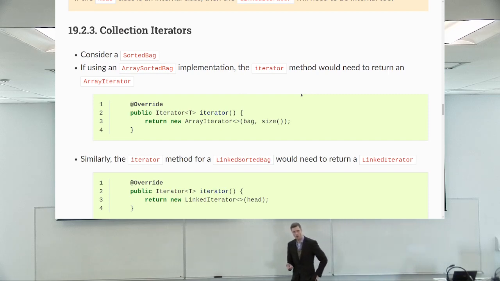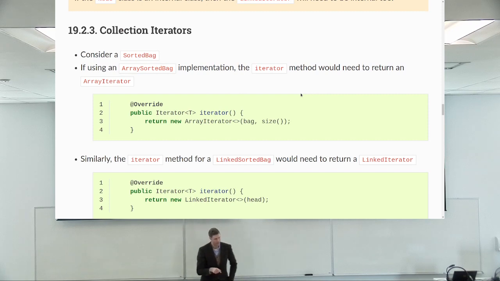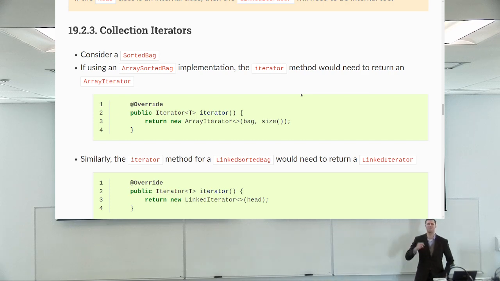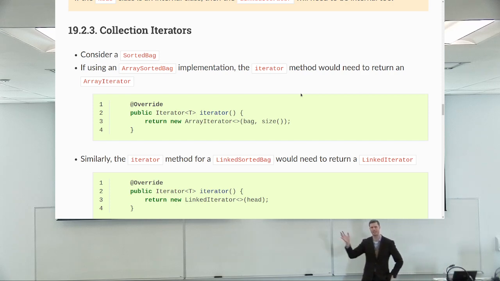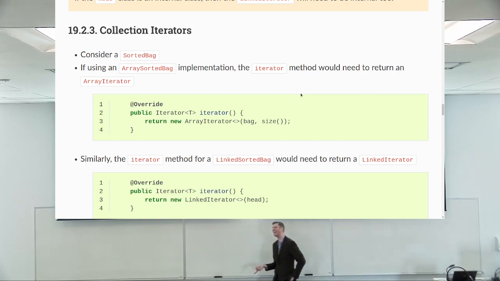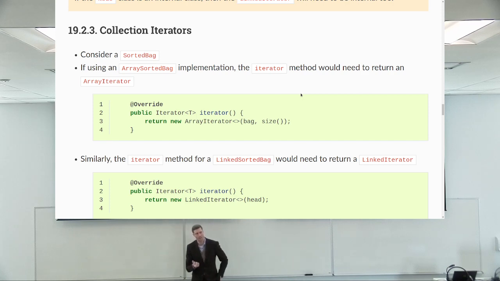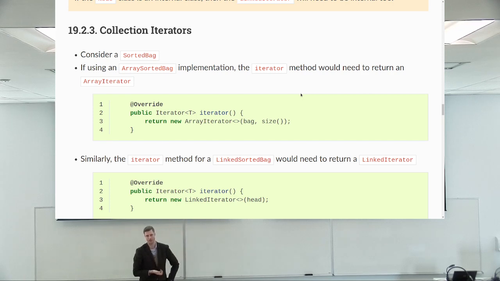So now, for that method, iterator, that existed in the bags, because regardless of what type of bag it was, bag implemented iterable, or extended iterable, I can't remember. It's something iterable. Meaning, it had to include this iterator method. And the iterator method must return some iterator object.